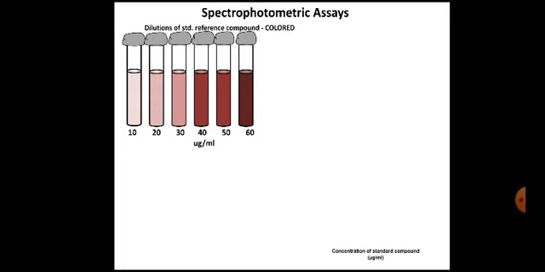What next? This pure riboflavin, the standard reference compound, will be diluted using a suitable solvent as shown in the figure. When diluted, it will have different concentrations of riboflavin in different tubes. You can see the first tube has 10 micrograms per ml of riboflavin, and the last tube has 60 micrograms per ml.